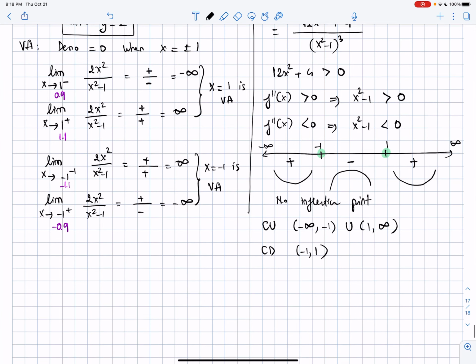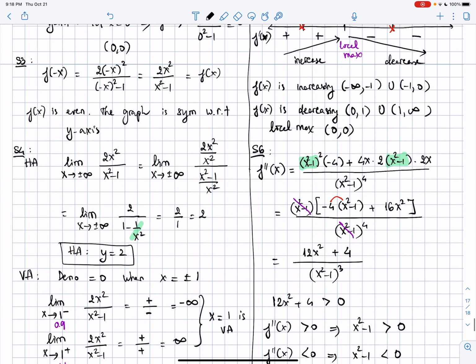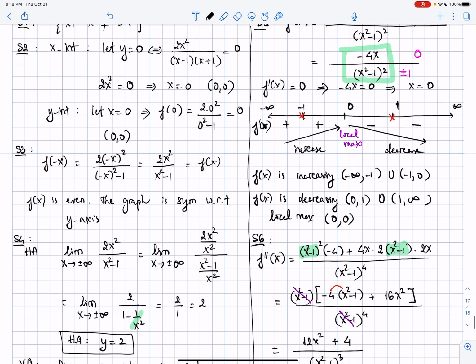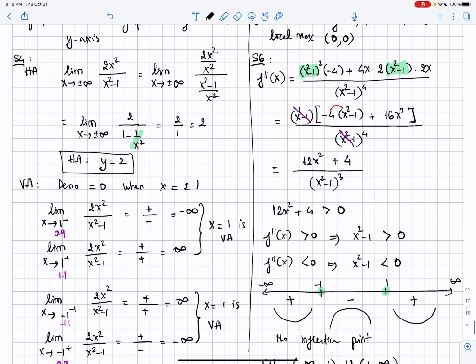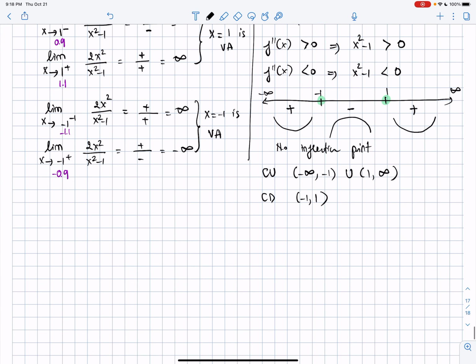Now the last step, step number 8, we will sketch the graph, right?